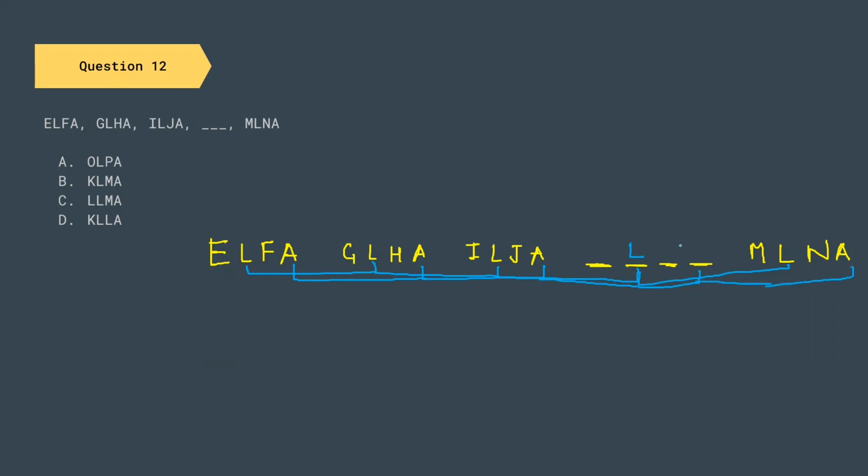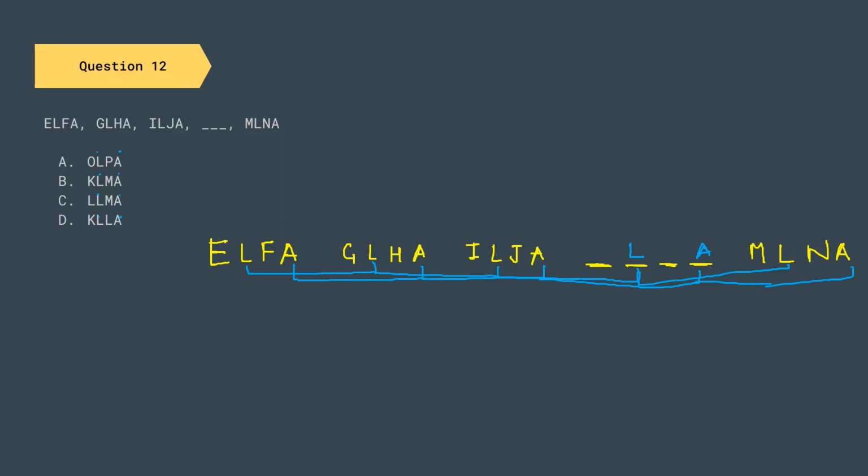So we can assume that A will come here. So out of these options, second should be L and the last should be A, in every option. So all the options are still selected and none of them are deleted.